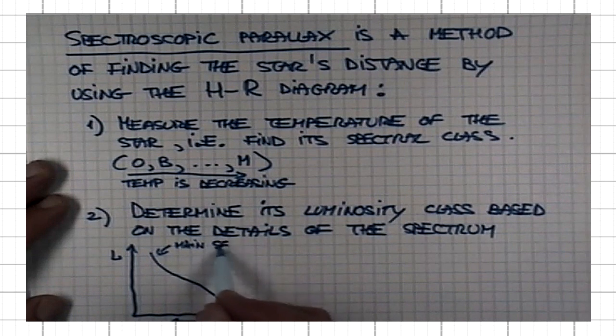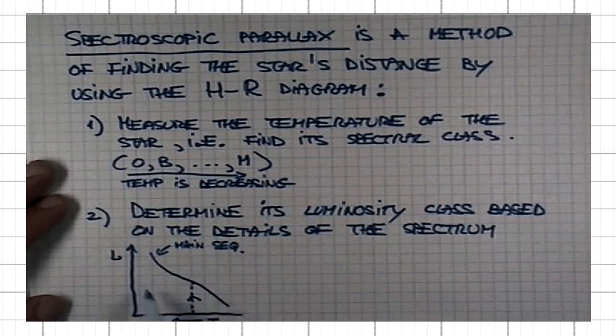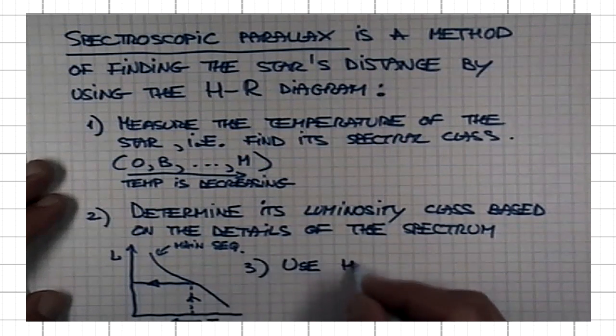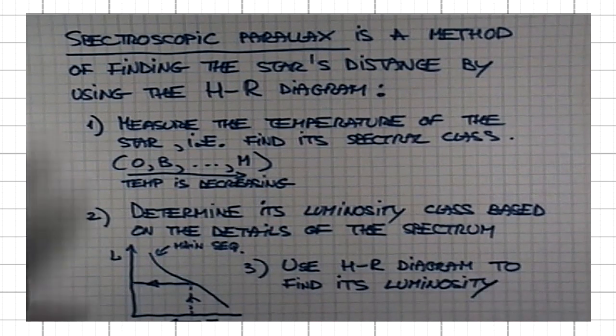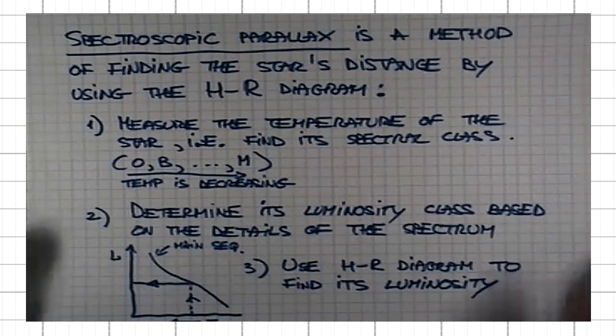So here is the main sequence. You measure the temperature of the star, and then you can read off its luminosity. And once you know the luminosity of the star, then by measuring its brightness, you can determine its distance.